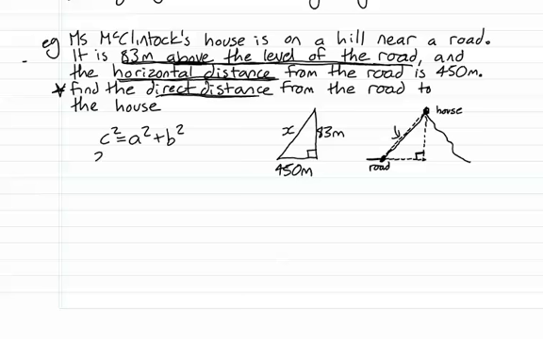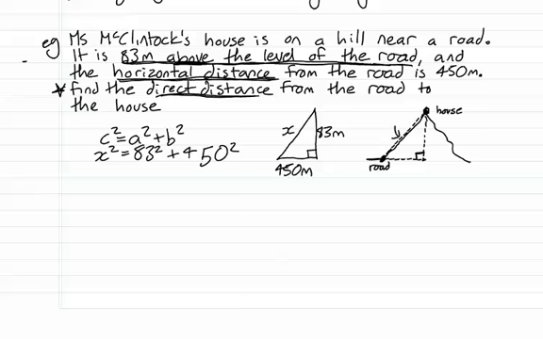X squared equals 83 squared plus 450 squared. And we'll need to evaluate those.